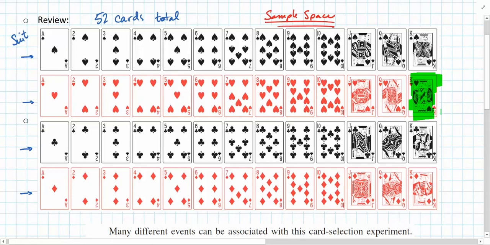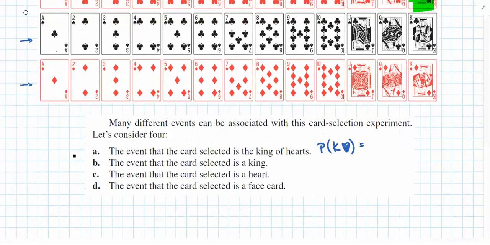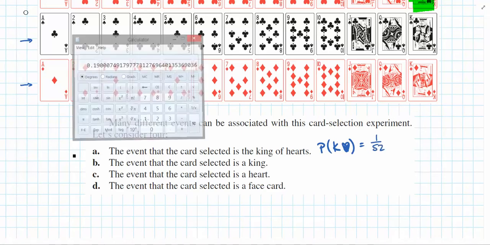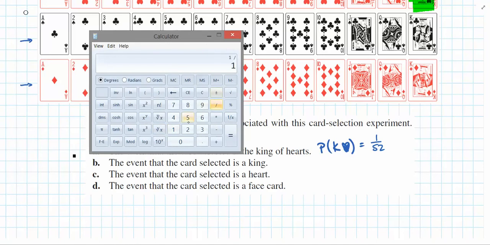If there were any other King of Hearts in our sample space, then we'd want to count it as well. But knowing that we're talking about individual cards here, this is the only one. So the probability of picking the King of Hearts is simply 1 out of 52, or in other words, 1 divided by 52 is a 0.019 probability.